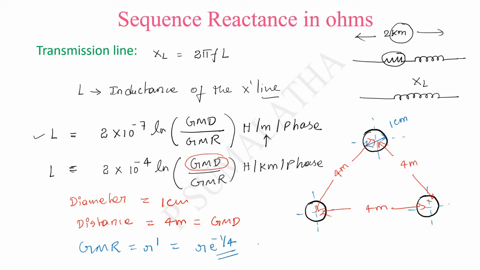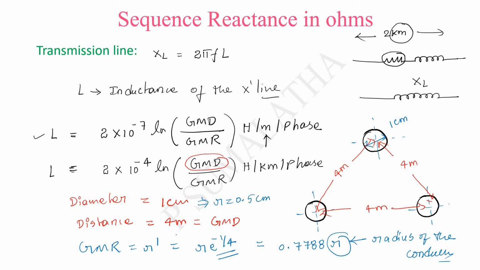We know the e power minus 1 by 4 value, that is 0.7788, into R. What is this R value? This is the radius of the conductor. They have given the diameter, so the radius r is equal to 0.5 centimeter. The distance is given in meters and the radius in centimeters, so let us convert centimeters into meters, that is 0.5 into 10 to the power of minus 2 meter. I think we got all the values.